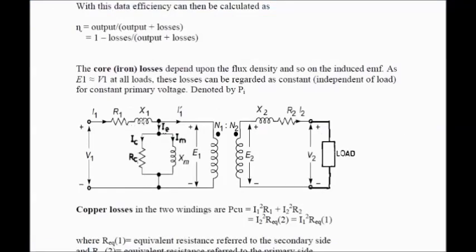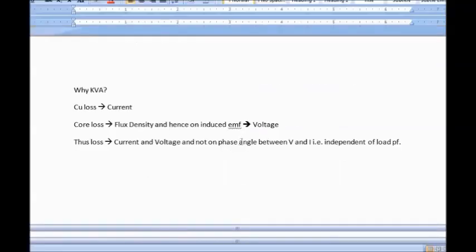And also, if I am considering this to be a transformer, then supply voltage V1 is almost equal to induced EMF E1 at any load or at all the loads. So this core loss depends indirectly on supply voltage V1 only.